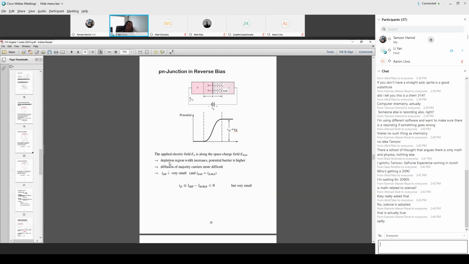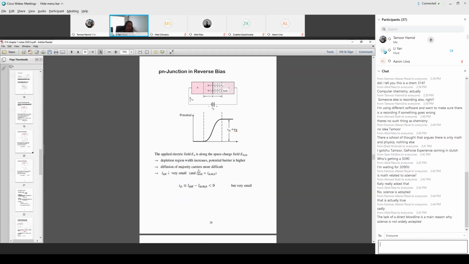That means the depletion region increases and the potential barrier gets higher, but then diffusion of majority carriers gets even more difficult, because the higher the potential barrier, the more difficult the diffusion of majority carriers.